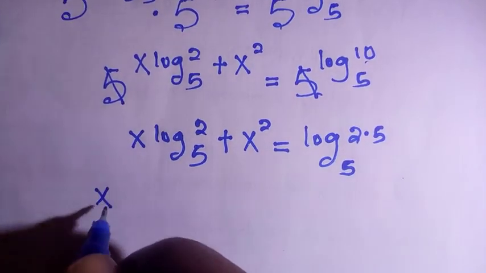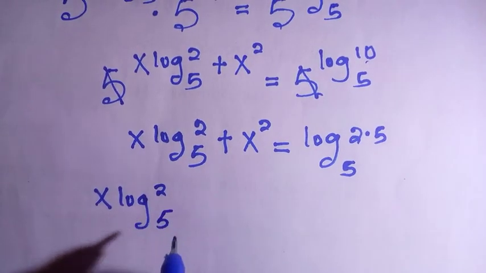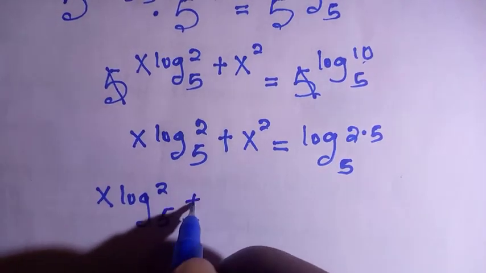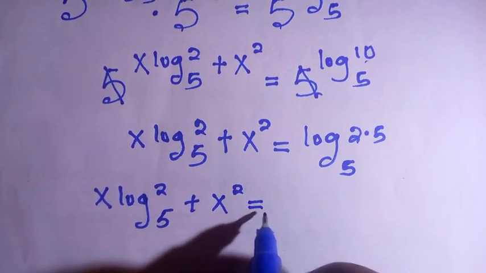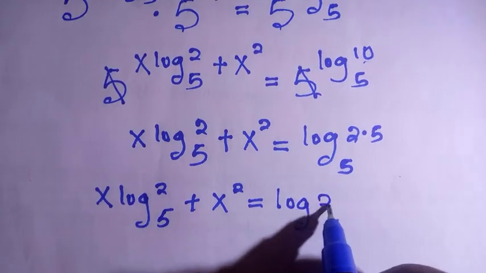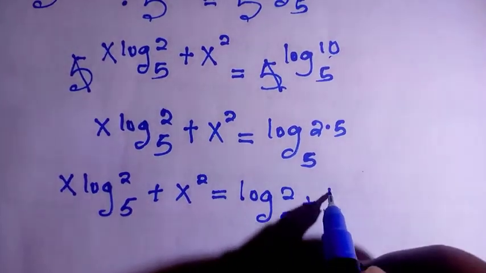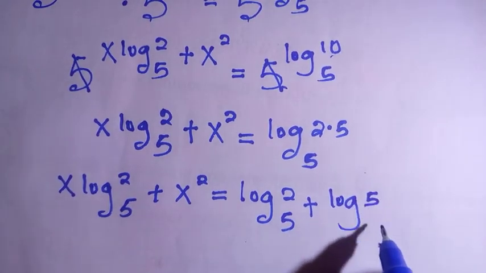So x log 2 base 5 plus x raised to the power of 2 equals, if we separate this with the law of logarithm by changing multiplication to addition, log 2 base 5 plus log 5 base 5.